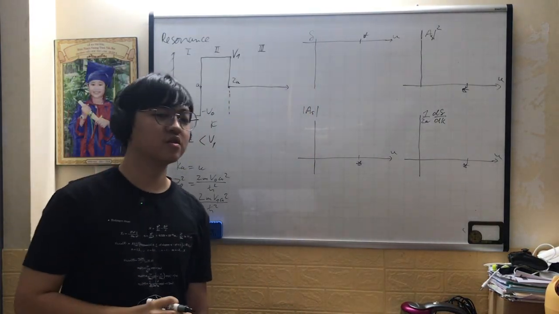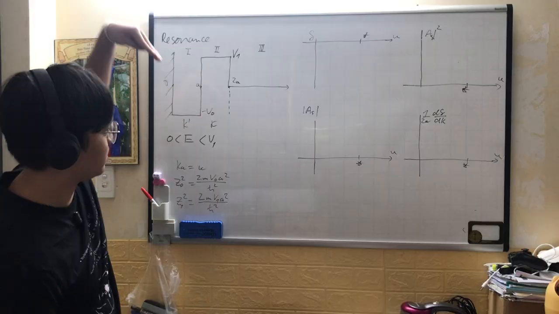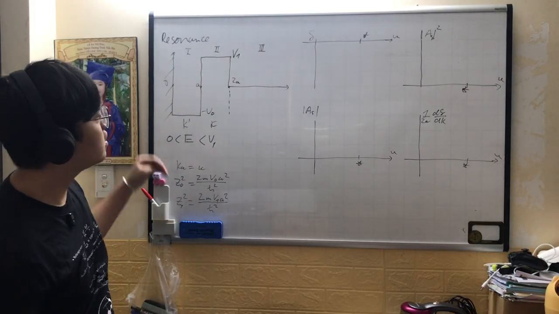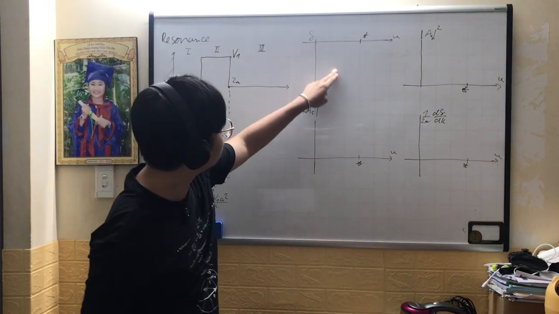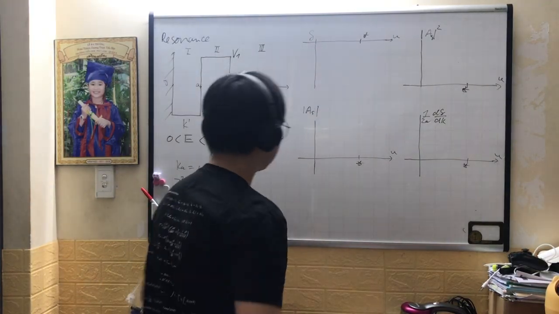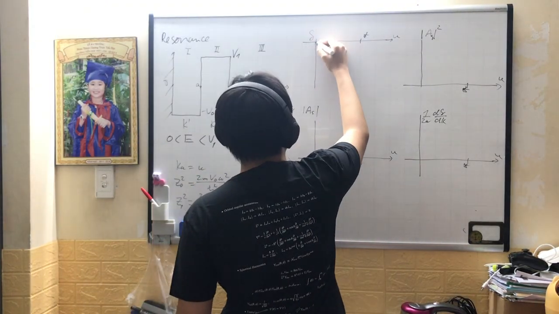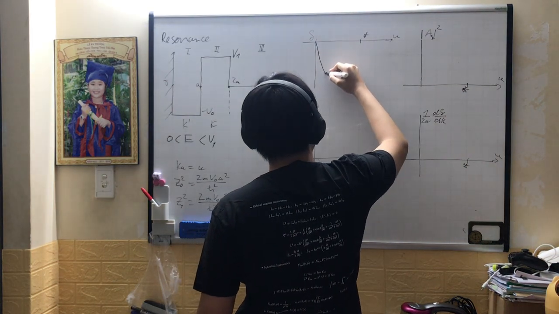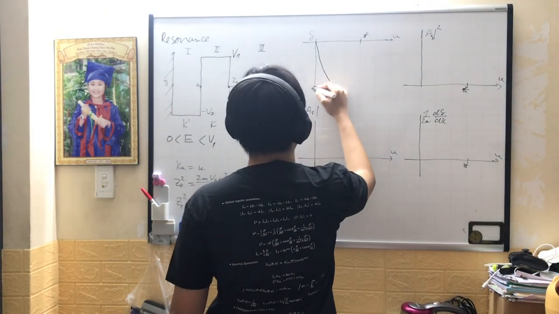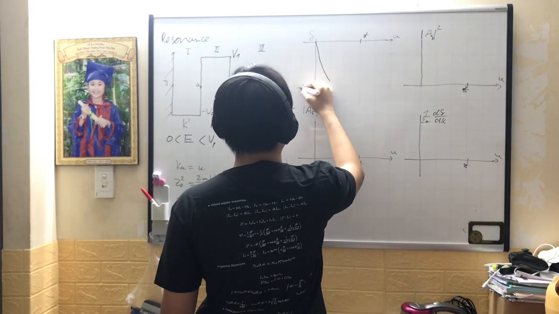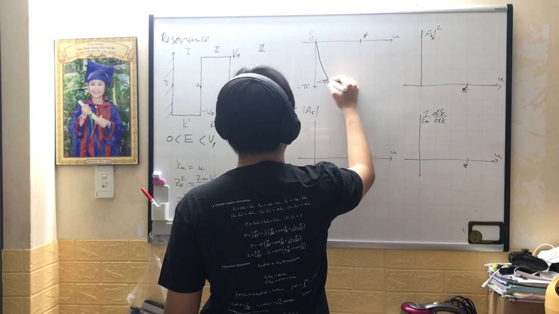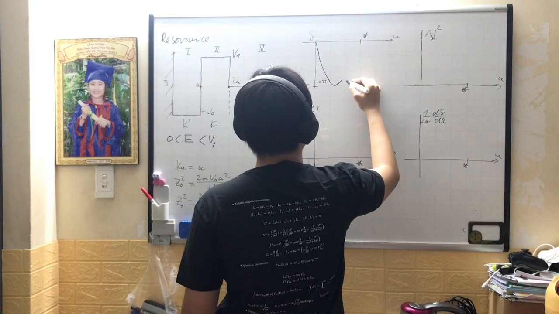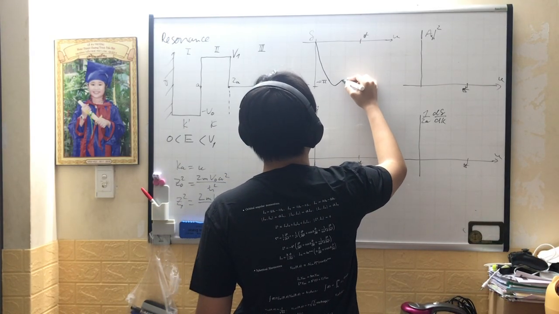What your delta would look like is that at first it will come down to around minus pi, then it's gonna jump up.